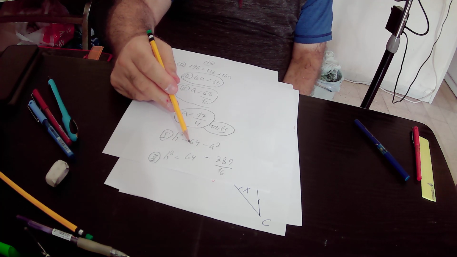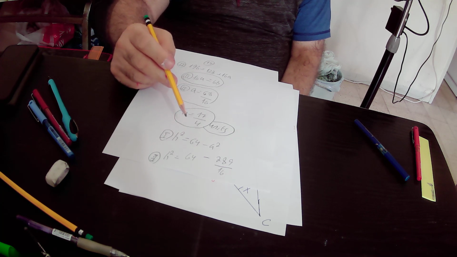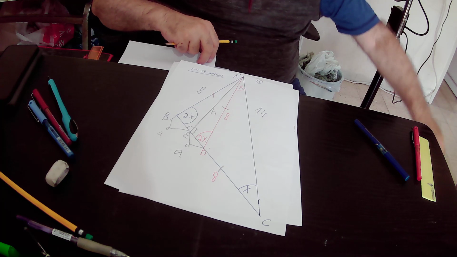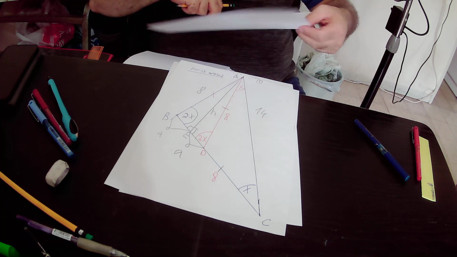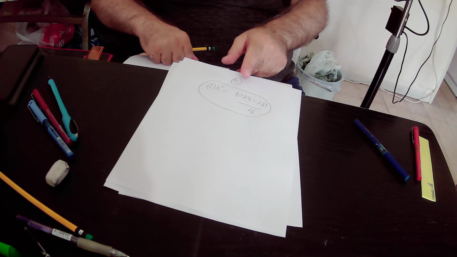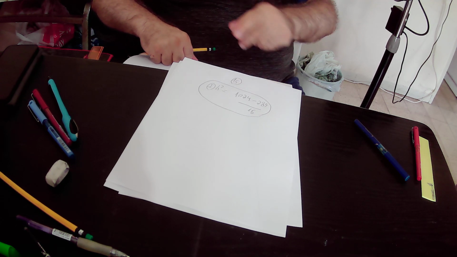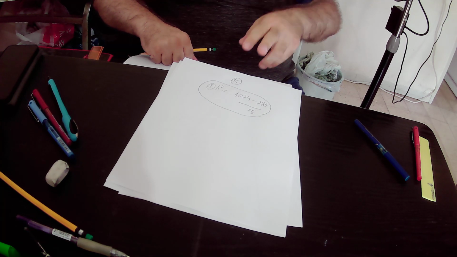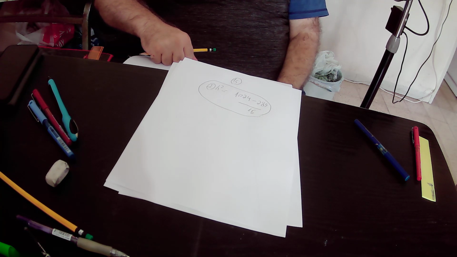Okay, and we got that h squared equals 1024 minus 289 over 16. 1024 minus 289 equals 735.